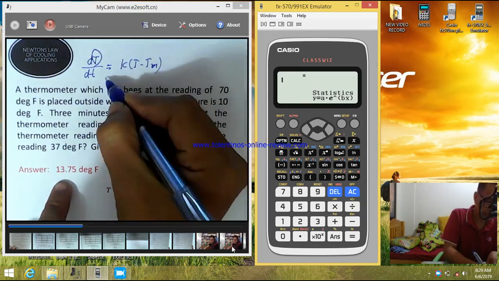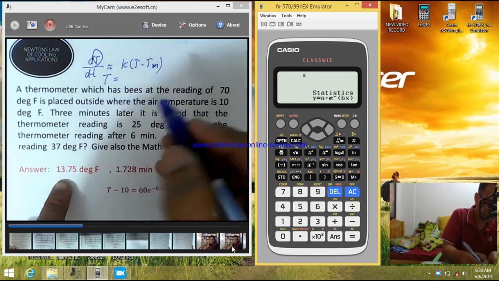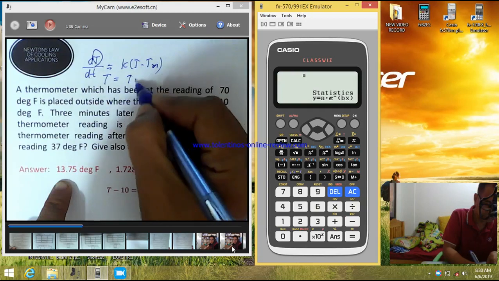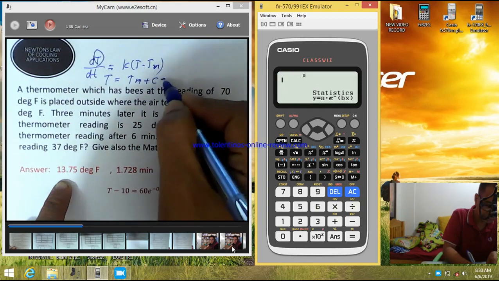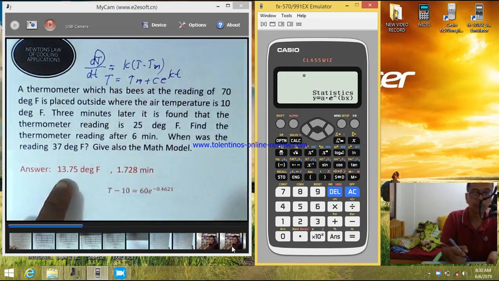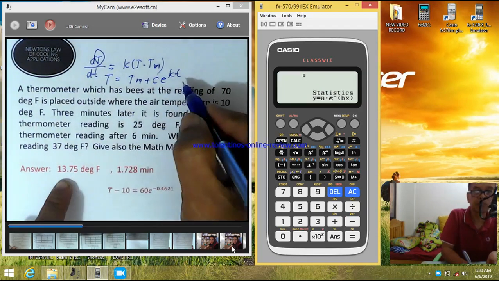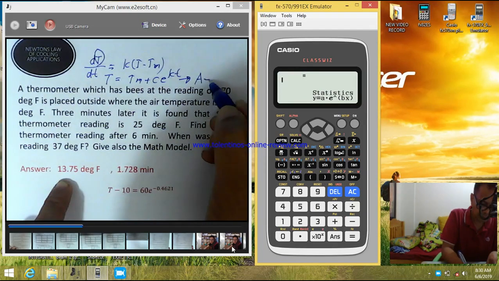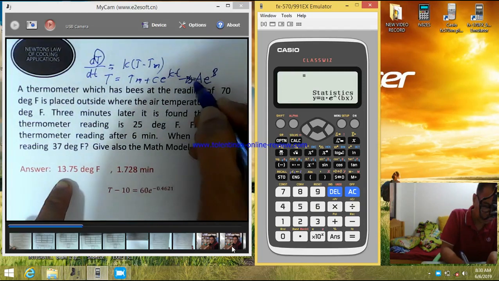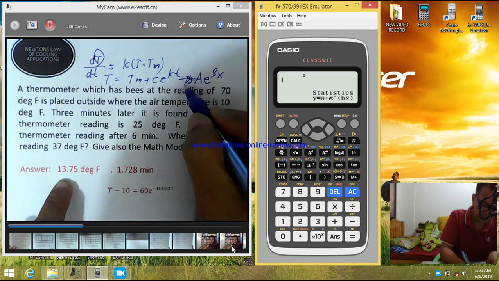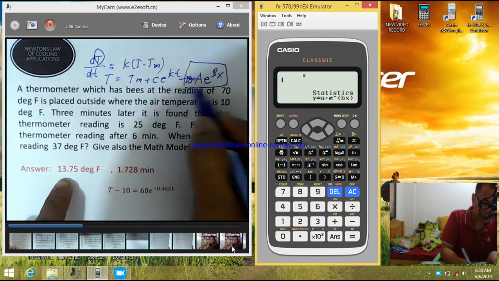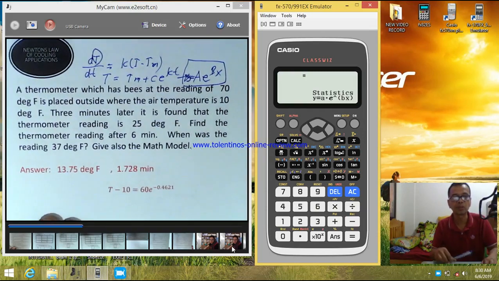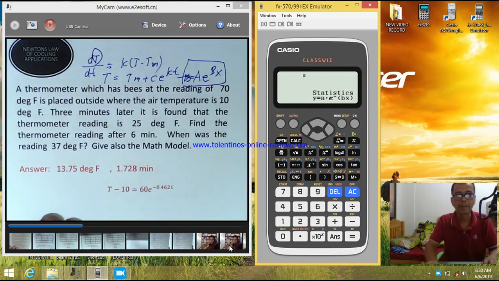Solving this gives T equals Tm plus C e to the kt. Notice that this can be modeled by the equation y equals a e to the bx. So we are going to take advantage of this particular model to solve the problem.